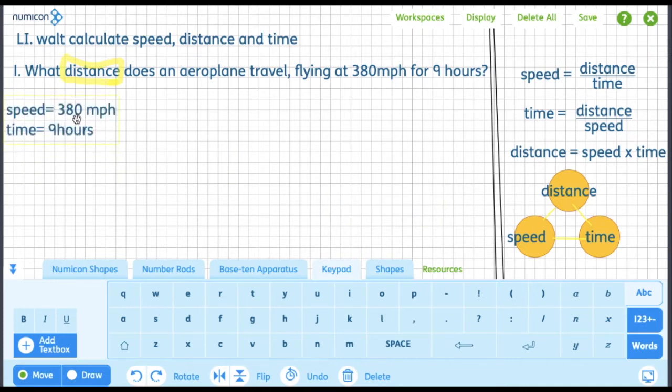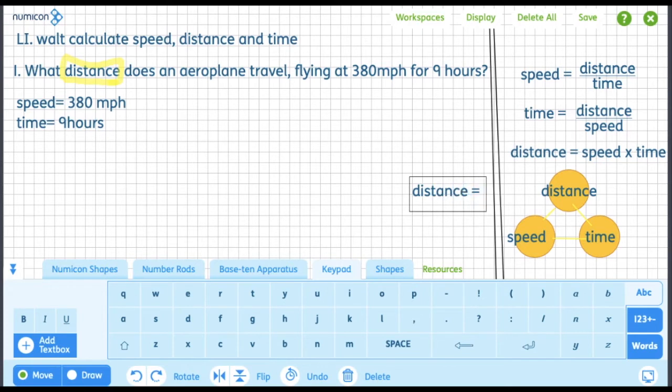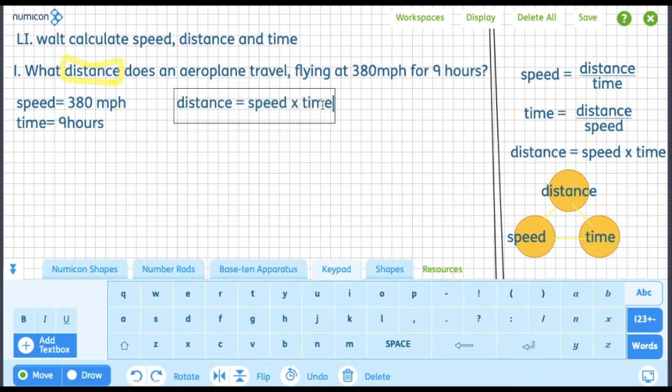So this is our important information that we have, so we look at our equation here, and distance is equal to speed times time. So all we're going to do is pop that here, and then we're just going to input the values that we know. And we have to put the units, always put the units.